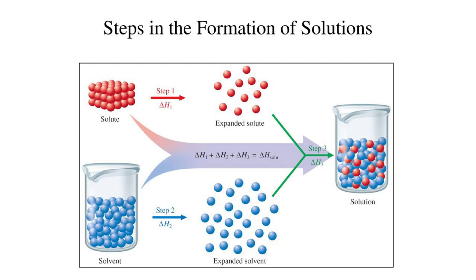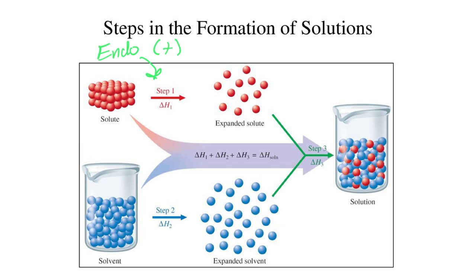Or if you have a molecular solid, you have to overcome whatever intermolecular forces are holding that molecular solid together. But either way, you're going to have to break bonds. You're going to have to break electrostatic attraction. And because you are breaking bonds, this process of breaking apart the solute is always endothermic. So delta H1 is always a positive value.